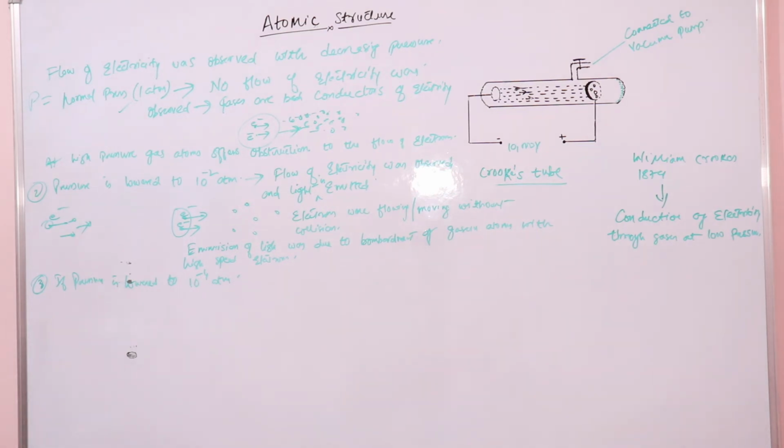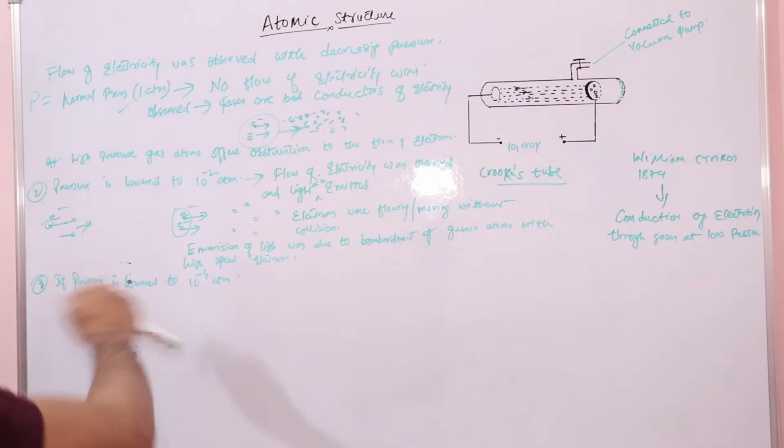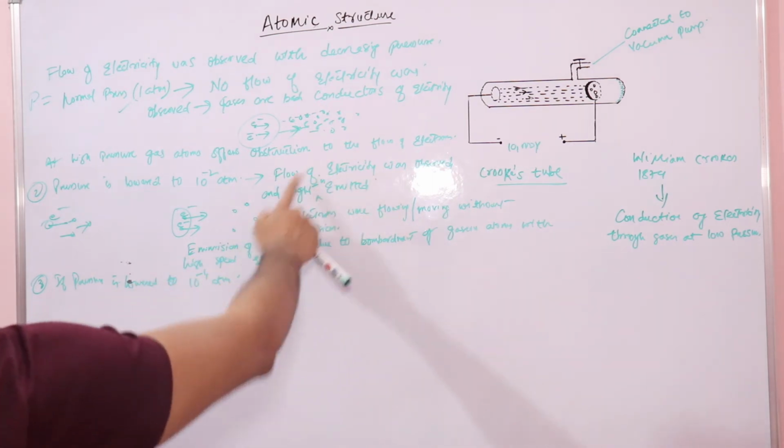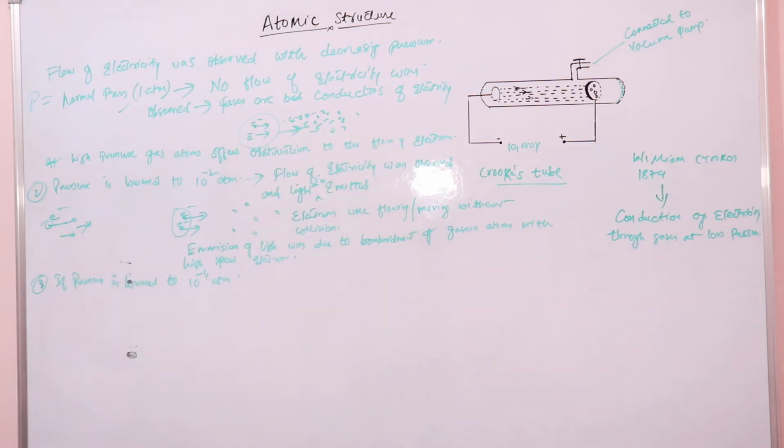At this value, the light emitted by the gaseous atoms will stop. The emission of light by the gas stops, but the current continues to flow, right?